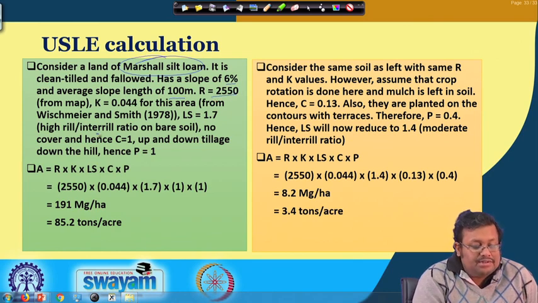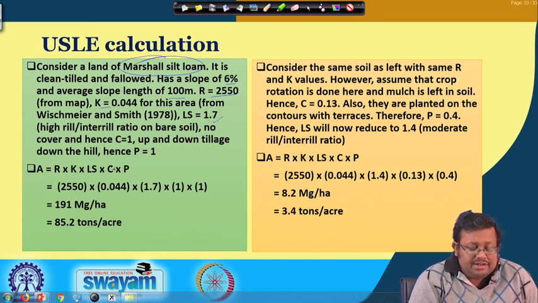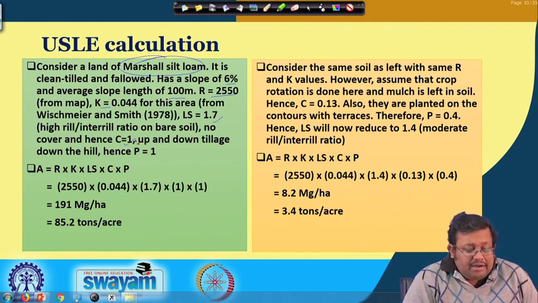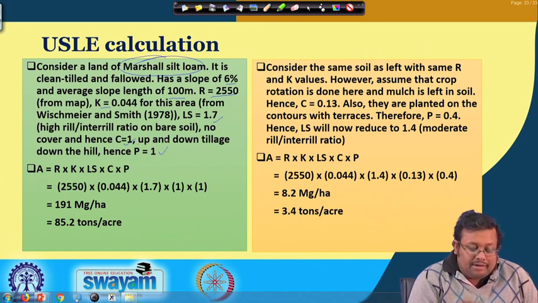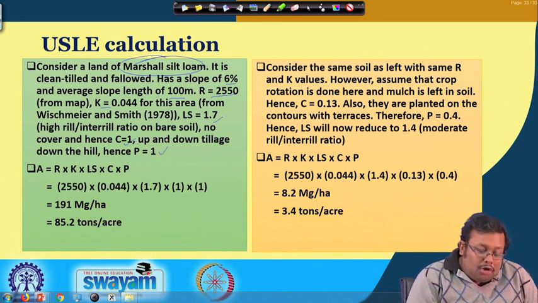R is 2550 from the map, and K is 0.044 for this area from the Wischmeier and Smith scale. The LS factor is 1.7, with a high rill to interrill ratio on bare soil and low cover, and hence C is 1. With up and down tillage down the hill, P is equal to 1. So we now know all the factors.